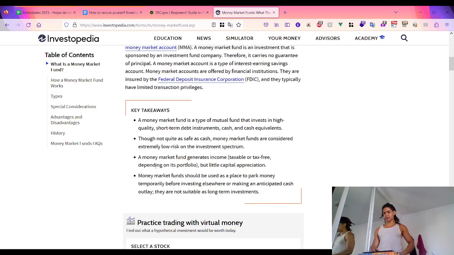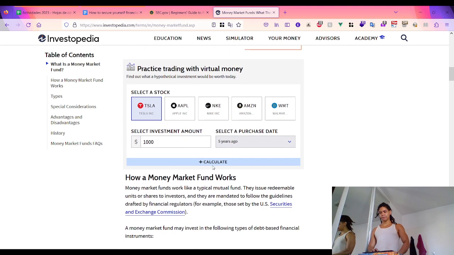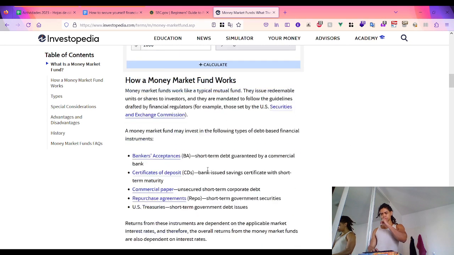According to Wikipedia, money market funds should be used as a place to park money temporarily before investing elsewhere or making an anticipated cash outlay. They're not suitable as long-term investment. Okay, cool.